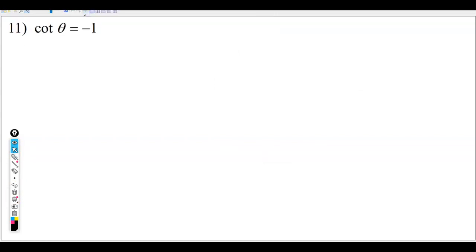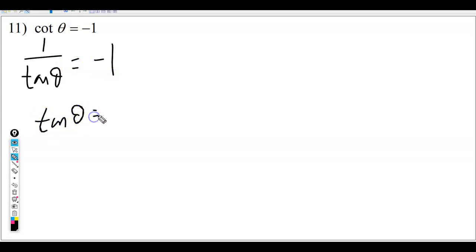11, cotangent. Well, cotangent is the reciprocal of tangent. And if I flip over the left side, I get tangent. And the reciprocal of negative 1 is just negative 1.